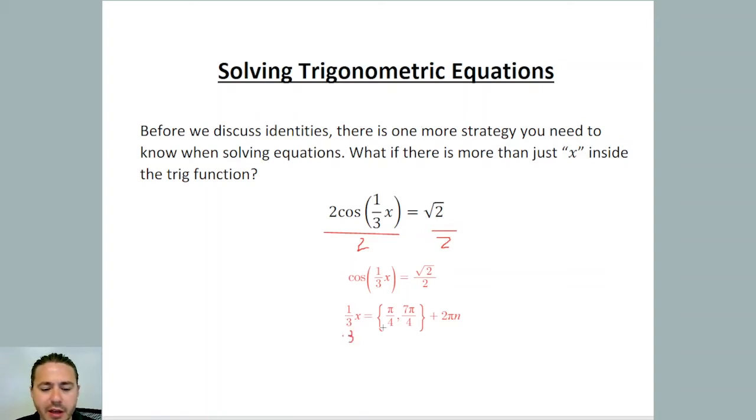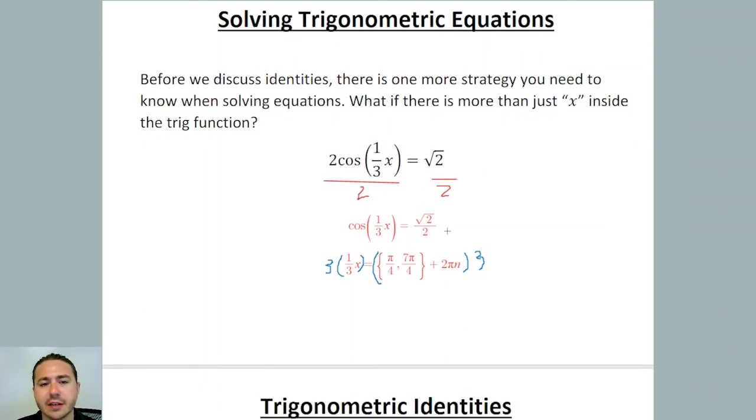Now you got to be careful here, and that's because I have to multiply the entire side by 3. And what I notice most students miss is that you actually have to multiply this little thing right here. And the reason for that is this is indicating the period for which our solution set's going to repeat.